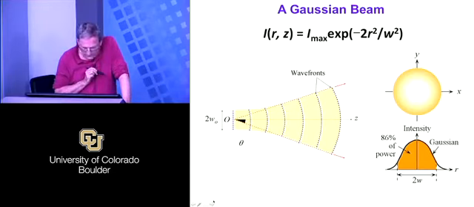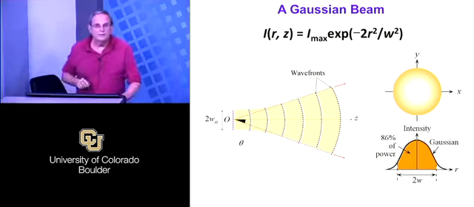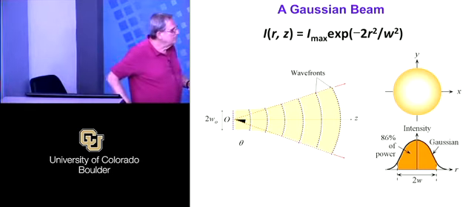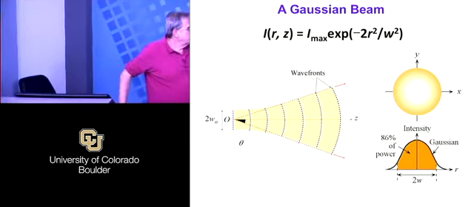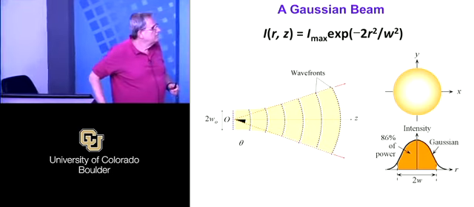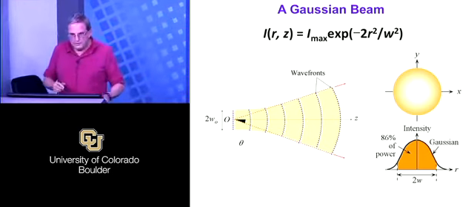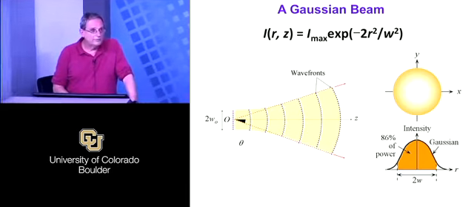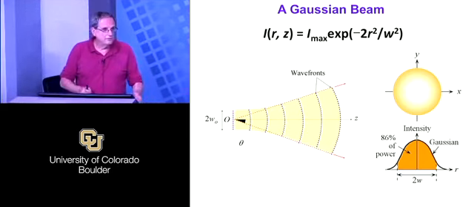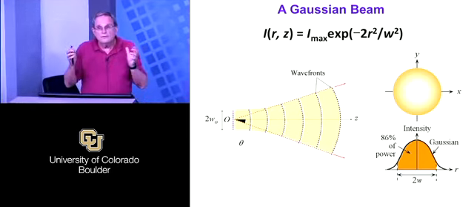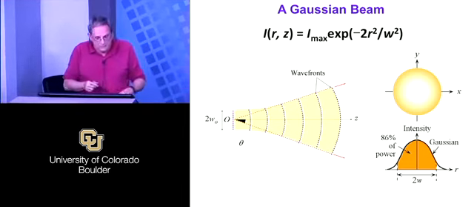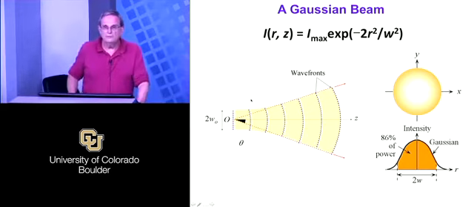Of course, what we come to more realistically is the Gaussian beam. If we try to actually generate some kind of waveform, we'll generally get a Gaussian beam if it's coherent. If it's incoherent, we'll generally get a Lambertian. But if we try to generate some kind of coherent light, this then becomes diffraction limited.